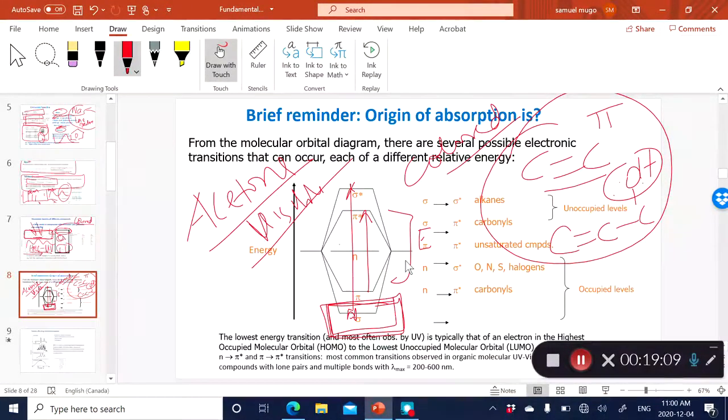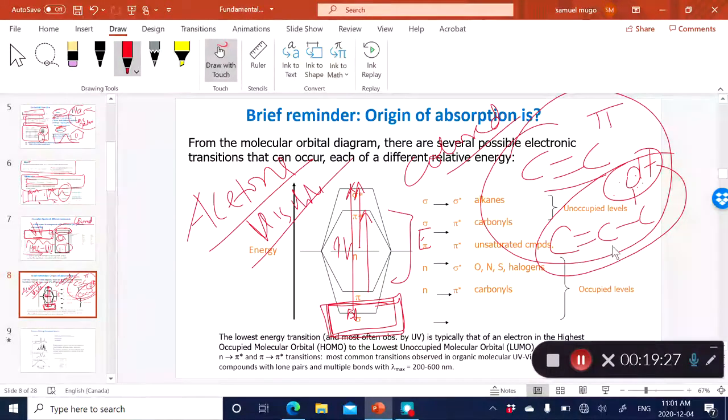If I've got electrons in the non-bonding orbitals, for example in the case of oxygen in an alcohol, I can easily excite those electrons to the pi star, if I've got a double bond and so on.